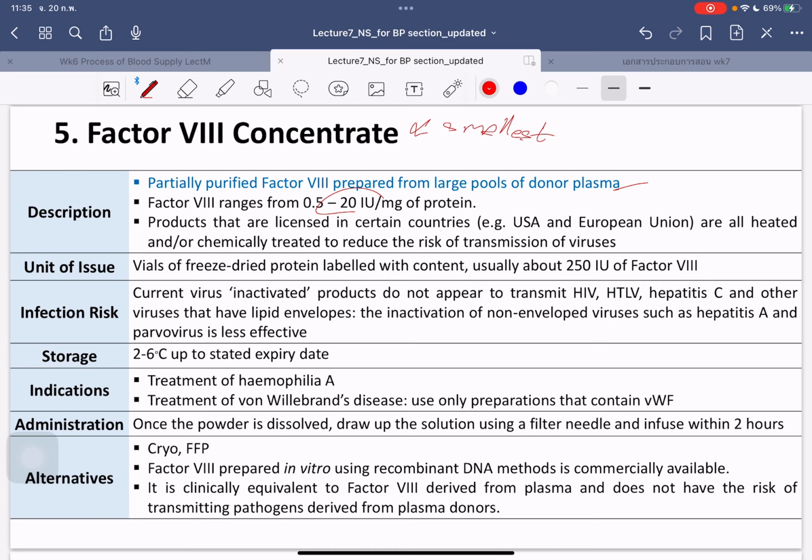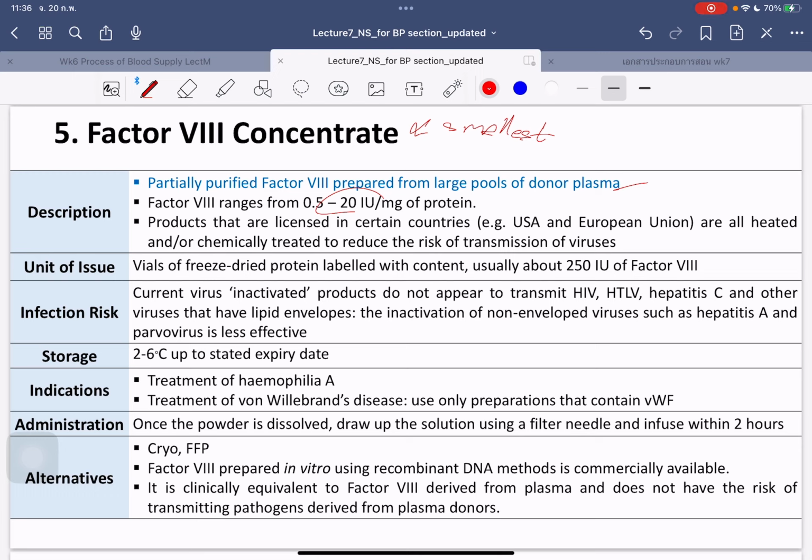This one can be prepared from donor plasma or by genetic engineering. This component is useful because it does not appear to transmit viruses such as HIV, HTLV, hepatitis B, and others. FFP and cryoprecipitate are produced from human blood, which means they can transmit many diseases, right?